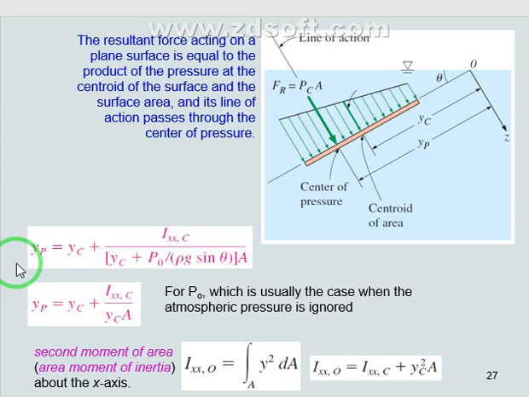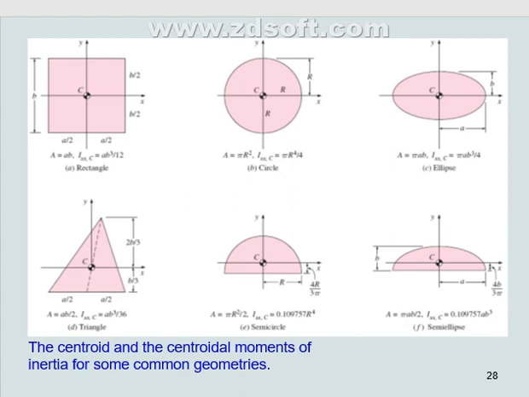If we have an inclined plate, we need to know the center of pressure and the centroid of the area. Then we have all these issues. These are some examples of the centroidal moment of inertia for regular and common shapes.